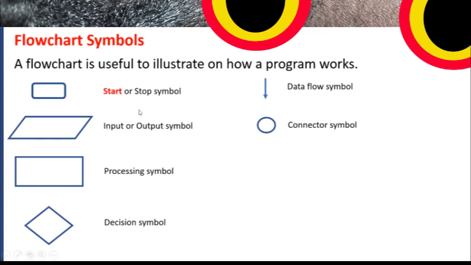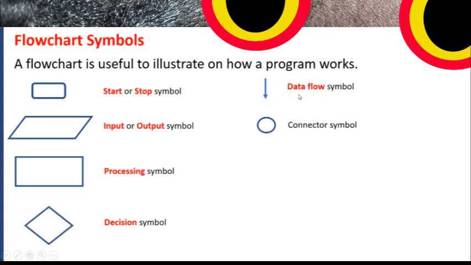Now, here we have start, stop, and that is the start, stop symbol. Then here we have input or output that explain the input, which we shall label inside here. Here we have processing, and this is the processing. Here we have decision, and indeed this is the decision box.